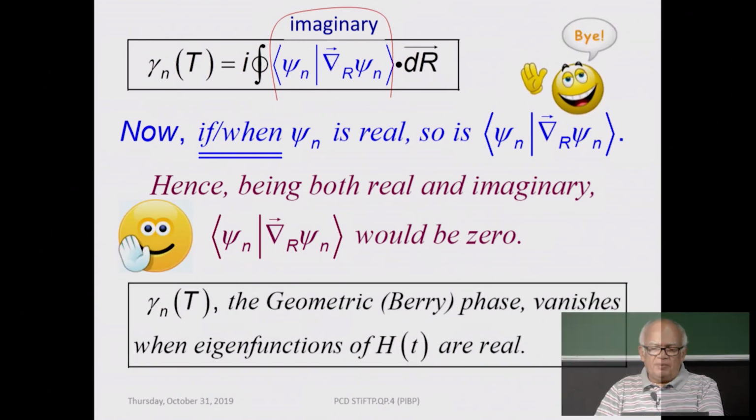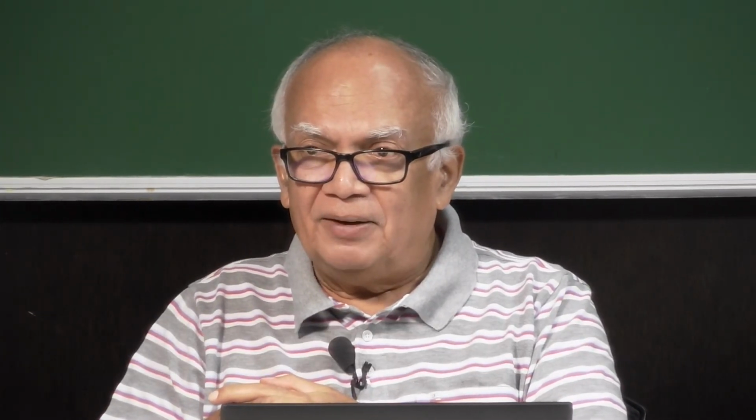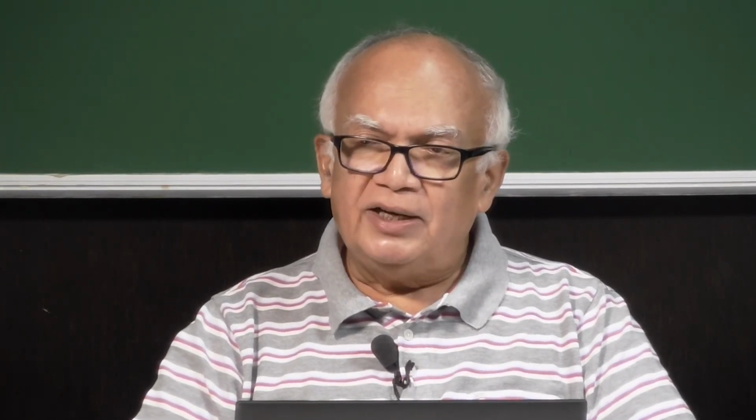So, which means that the geometric phase would vanish if the eigenfunctions are real. So, this thing is not of much interest when you have real eigenfunctions, but in other situations it is of some interest, and that is what we will discuss in the next class. Okay. So, for the moment I will stop here, and we will continue from this point in the next class.